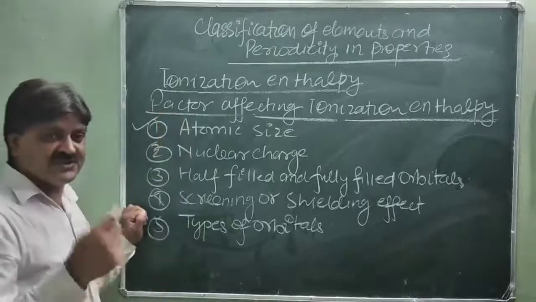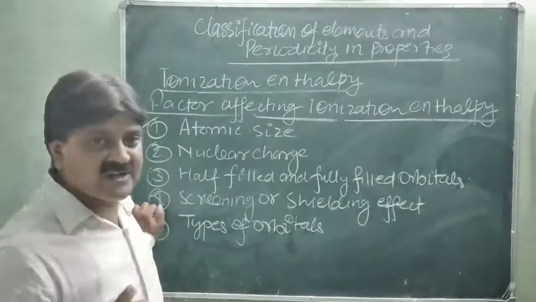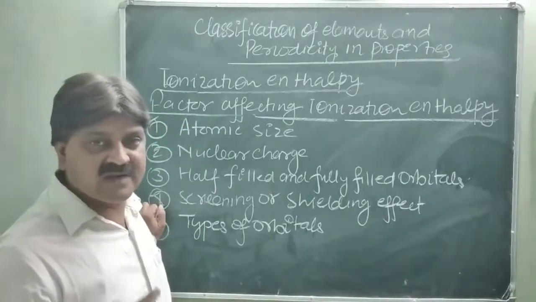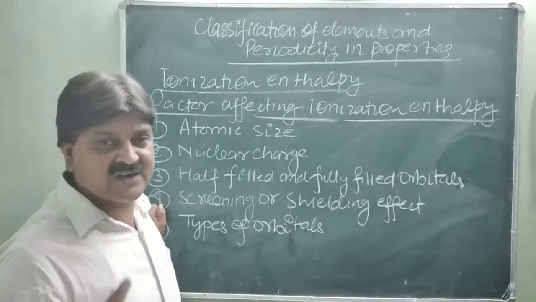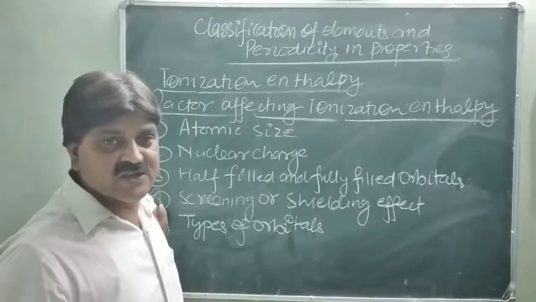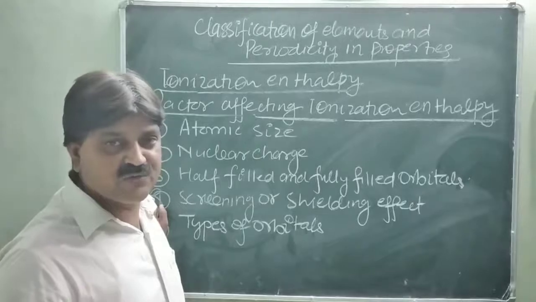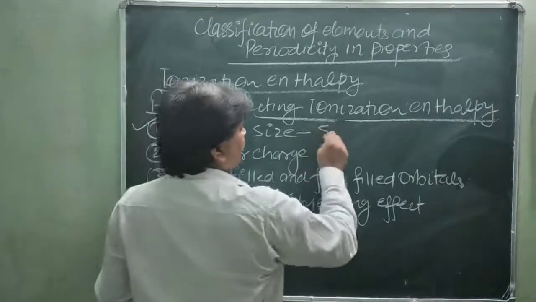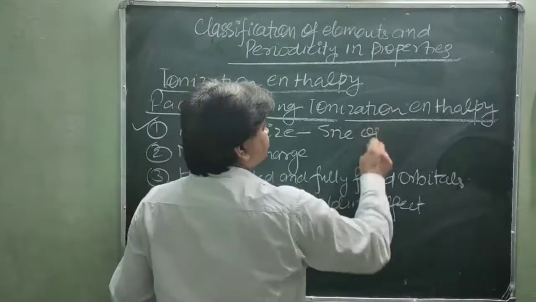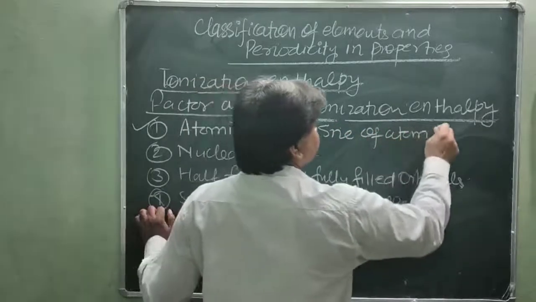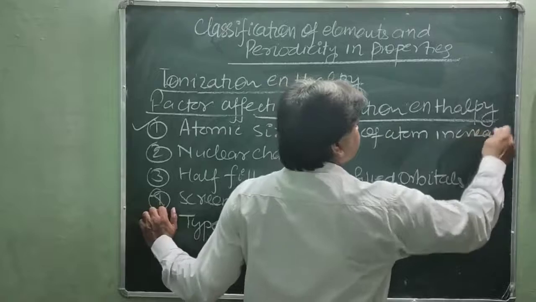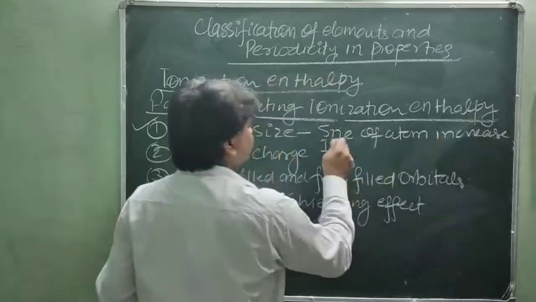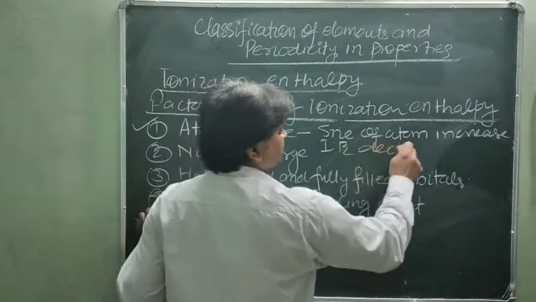I have already mentioned this. As the size of the atom increases, the force of attraction between the nucleus and valence electron decreases, so less energy is required to pull the electron. So as the size of the atom increases, ionisation enthalpy decreases.